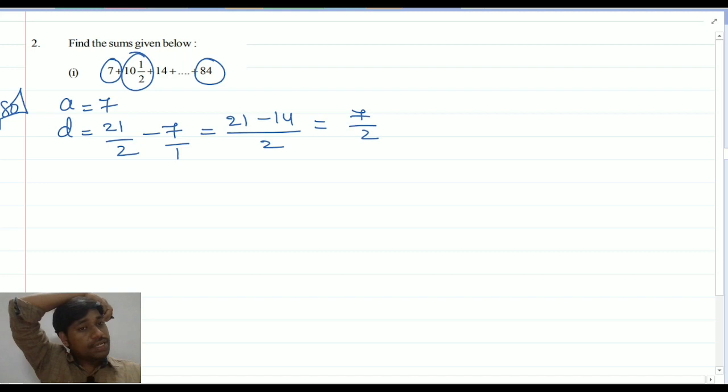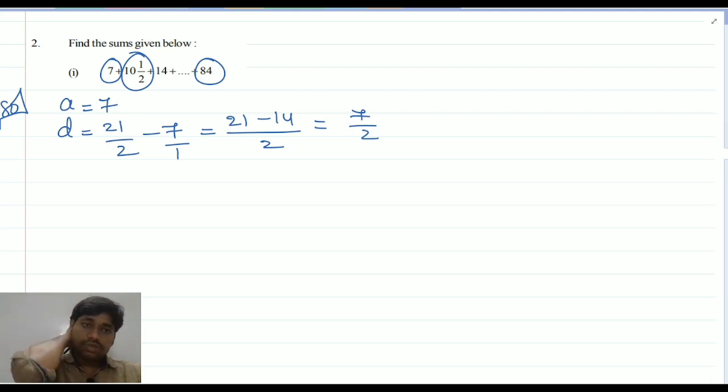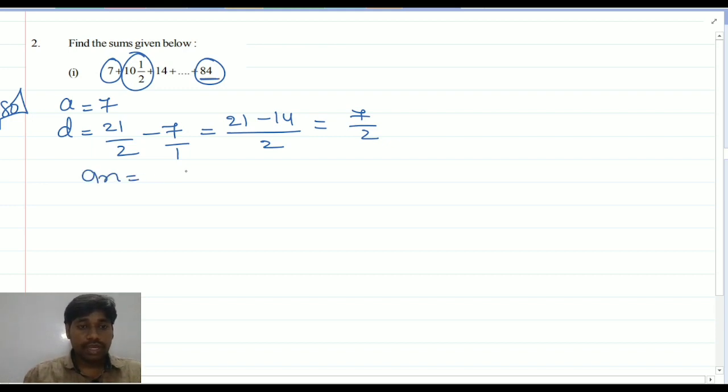So after getting the common difference, what we have to do is, nth term is given. An is equal to 84. Then first term and common difference are known. N we can calculate. That is A plus n minus 1 into D is equal to 84.